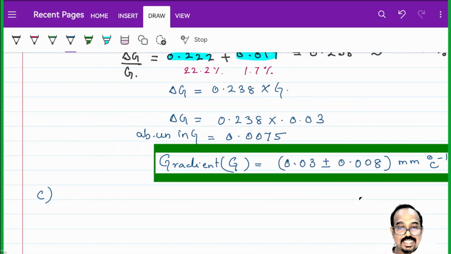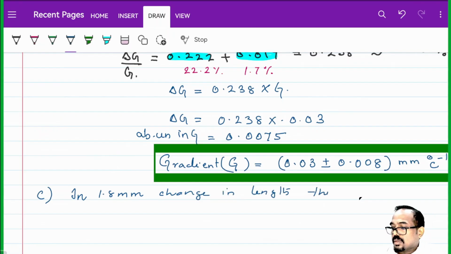So how can you phrase that answer? In the 1.8 mm change in length, there is 22.2 percent of uncertainty.